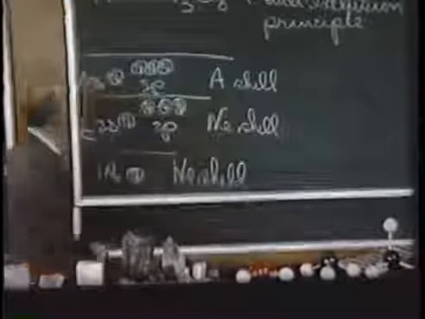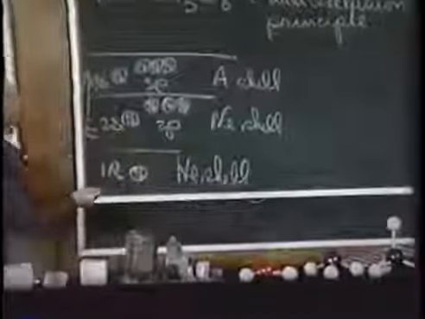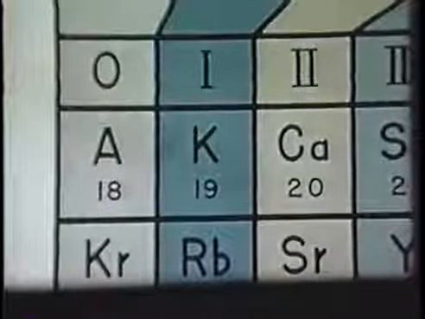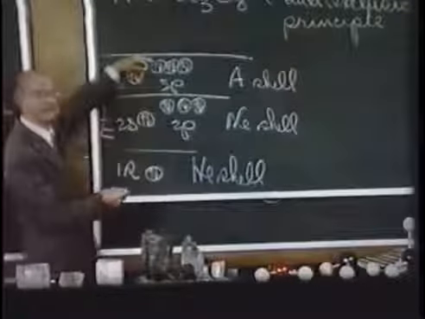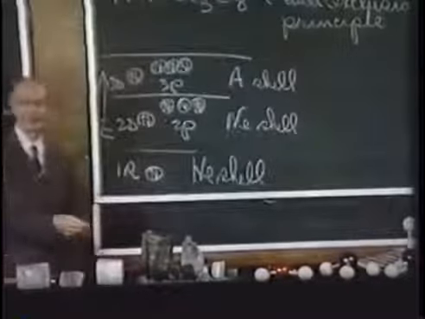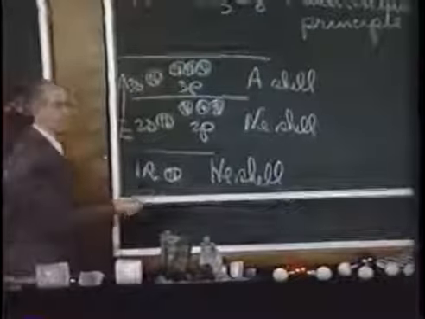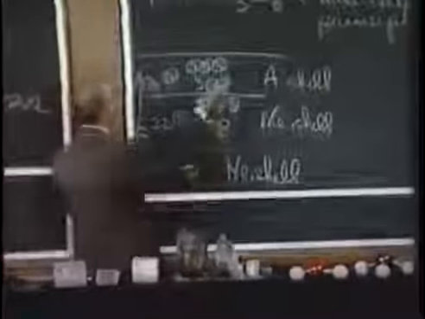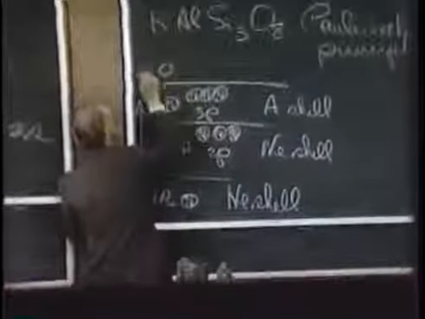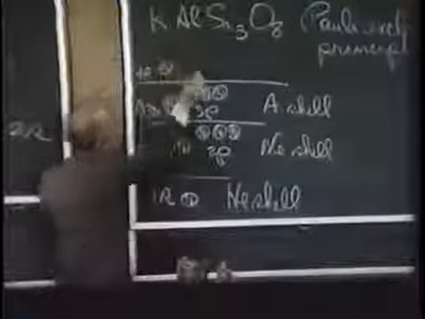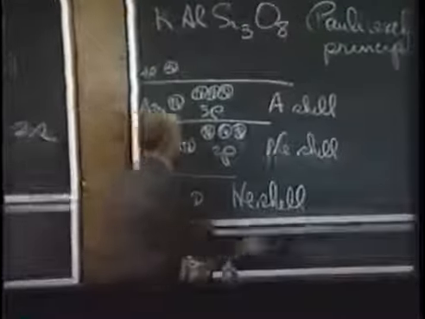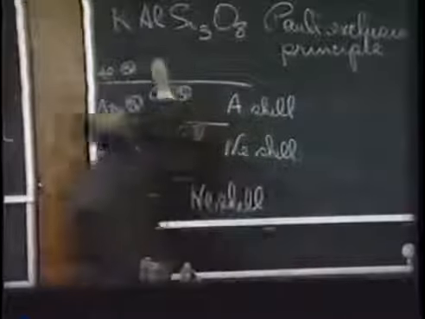Next we come to the fourth shell with atomic number 19, potassium. Here we have 2 electrons, 10 electrons, 18 electrons. These numbers 2, 10, and 18 are characteristic of the first 3 noble gases. With potassium, we have the 4s electron. With calcium, then, a pair of 4s electrons.